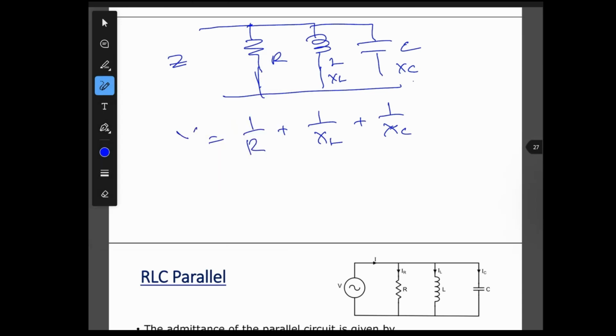We can write Y as 1 over R plus 1 over XL.